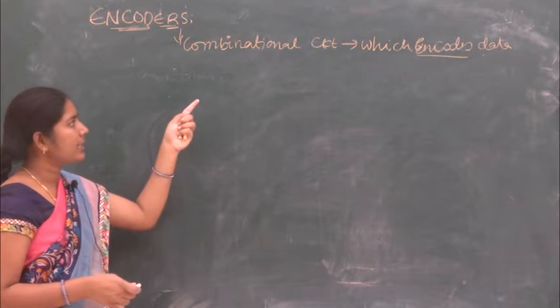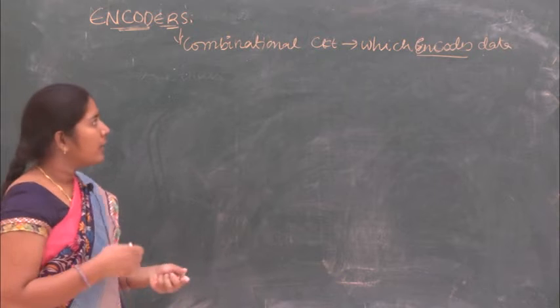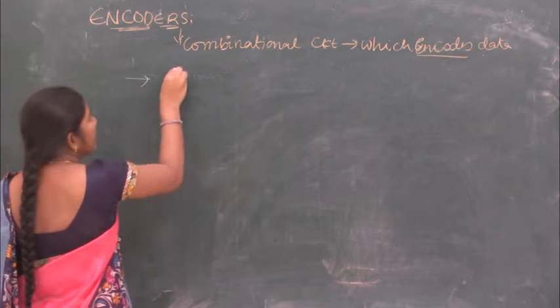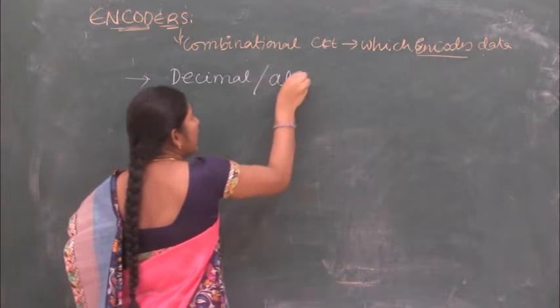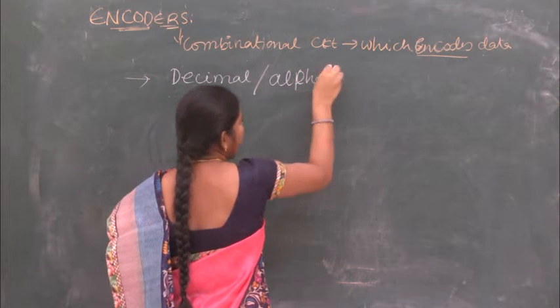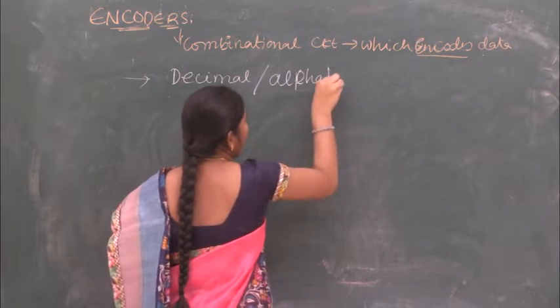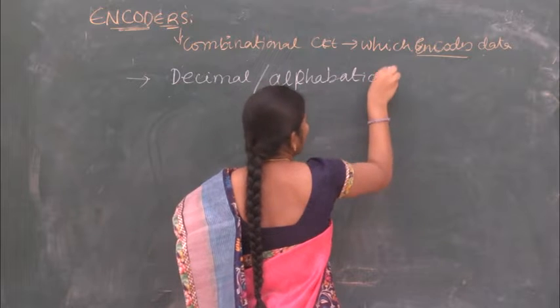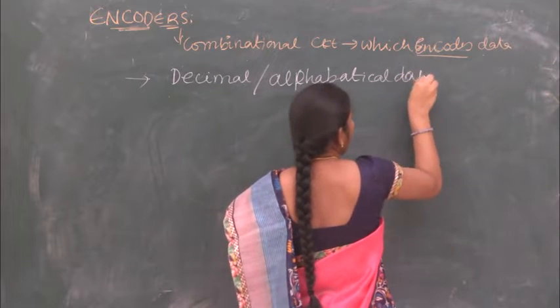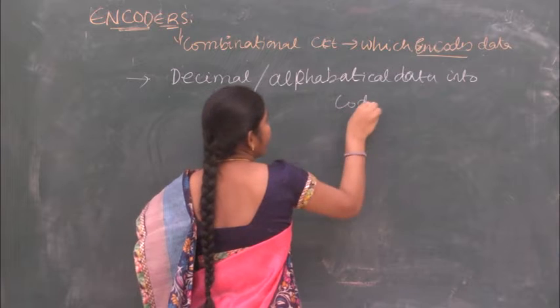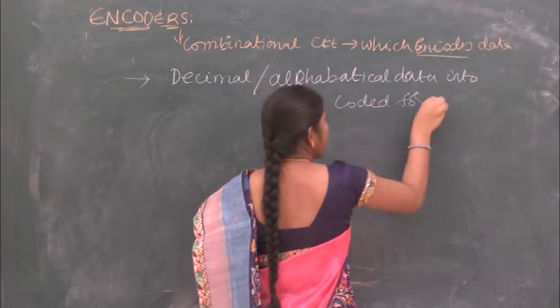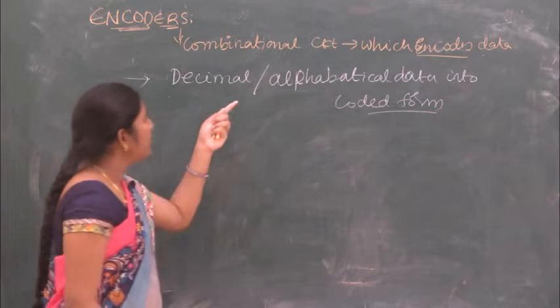Encoder is a combinational circuit which encodes the data, decimal or alphabetical data, into coded form, which is nothing but encodes.